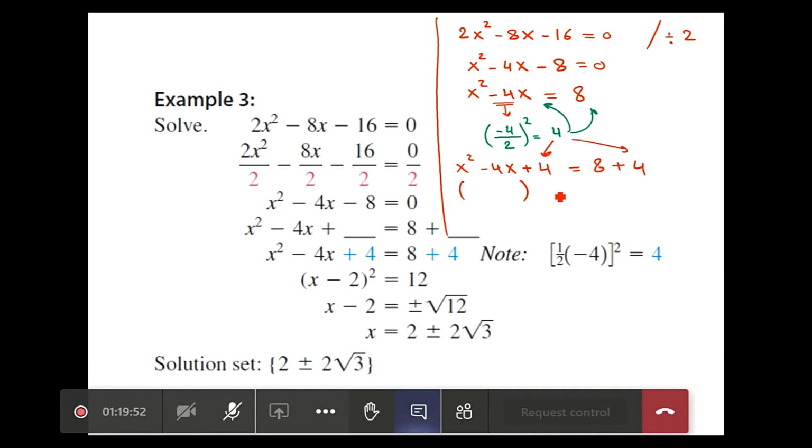And on this side we have x, always x, plus or minus, depending on the sign of the coefficient of x. So we have negative. And the radical of 4, what's the radical of 4? 2. So take the radical, okay?